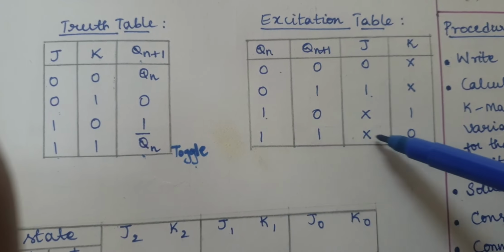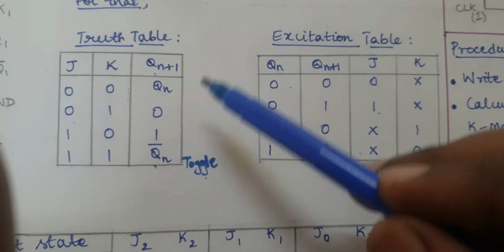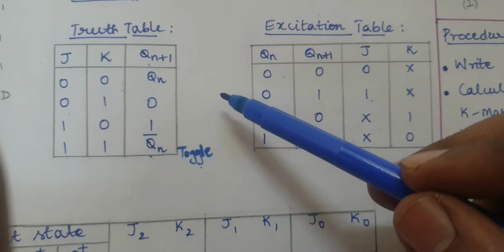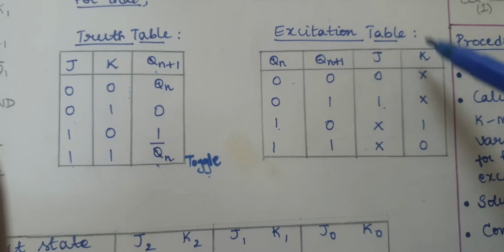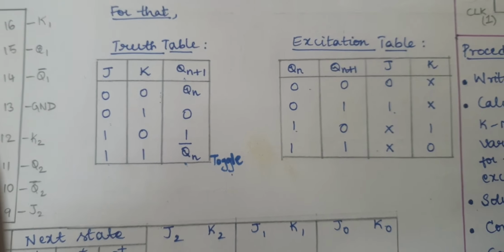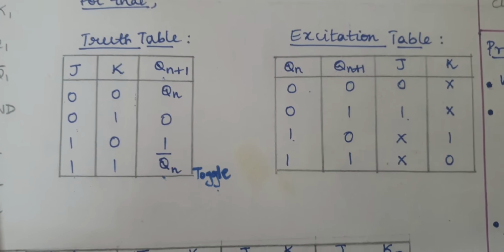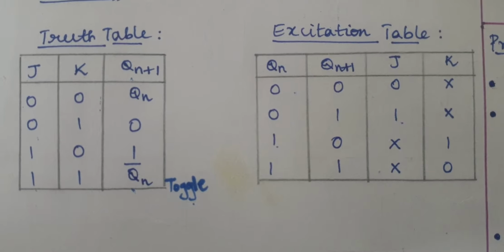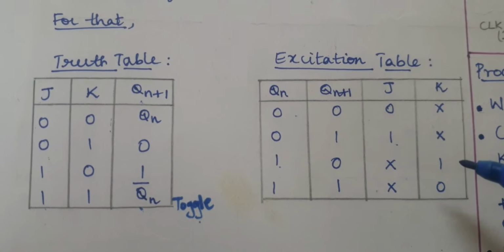If it is 1, 1, it is don't care, 0. To know more about this excitation table, you need to understand the characteristic table, and then you can understand very clearly how this excitation table came. Please go through my previous videos of flip-flops in which I have explained the concept of the truth table, characteristic table and excitation table.